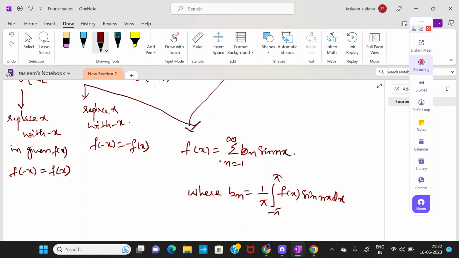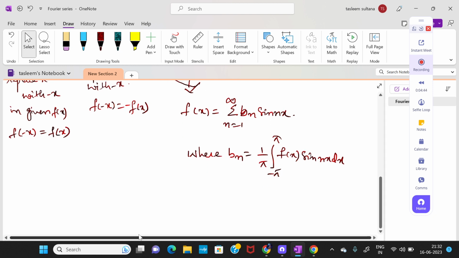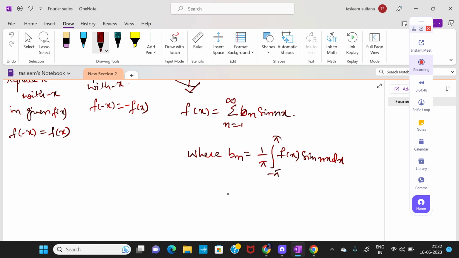This will get changed to 2 by pi integrating 0 to pi f of x into sine nx into dx.